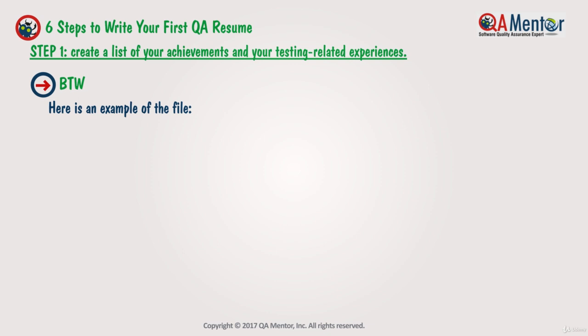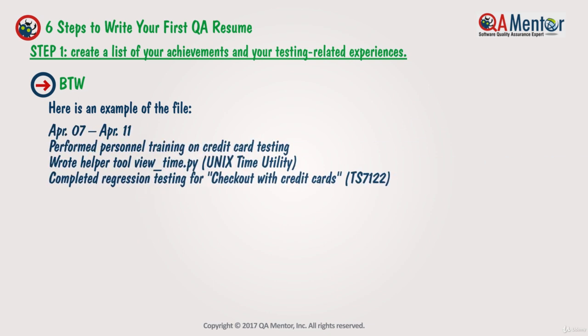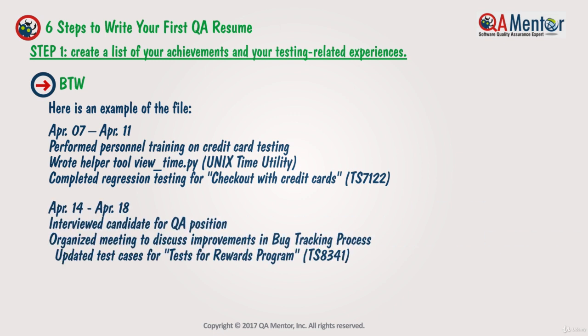Here is an example of the file. April 7th through April 11th. Performed personal training on credit card testing. Wrote helper tool viewtime.py, Unix time utility. Completed regression testing for checkout with credit cards, TS7122. April 14th through April 18th. Interviewed candidate for QA position.